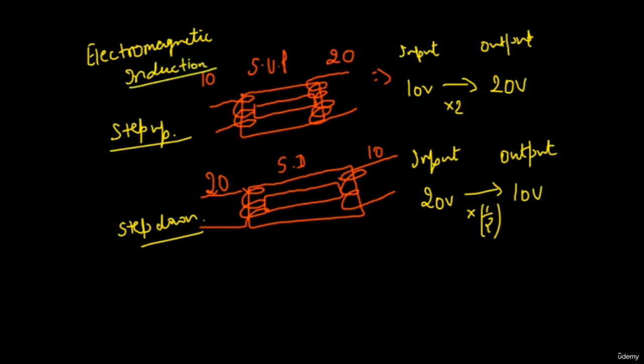The first word is electro, which is our electricity. The second one is magnet, which is represented by magnetic field B. This, let's represent it by E, electric field. And the word induction means transferring from one thing to another without any physical contact. So there is no physical contact.